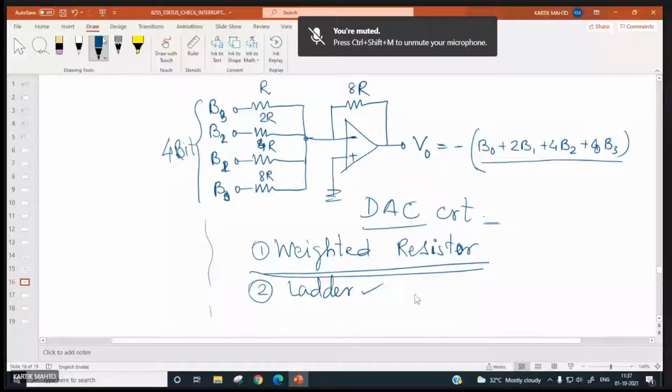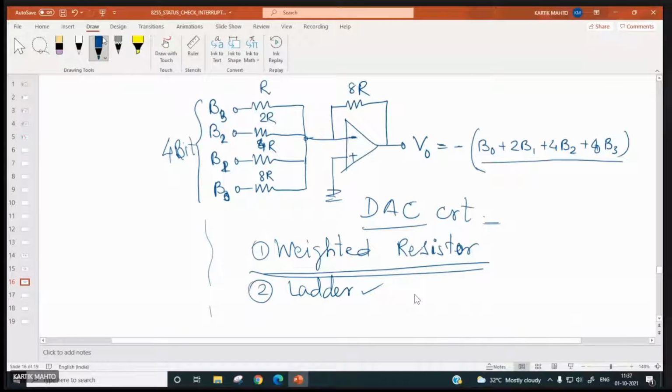Sir, it is saturated by VCC or limited by VCC, so we don't want that limitation. No, it is not going to get saturated with VCC. Why? Because you have control of this bit. And here these bits are being given as 0 volt or 1 volt. Let's say all are 1. You see how much you are going to get?